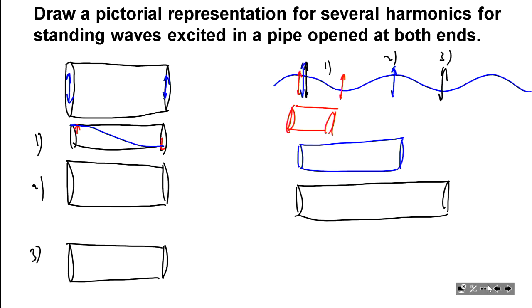This is literally this part of this wave. So if the length of this pipe equals L meters, this part of a wave includes 2 quarters. So the length of this pipe will be equal to 2 quarters or 1/2 of a wavelength. That's it.